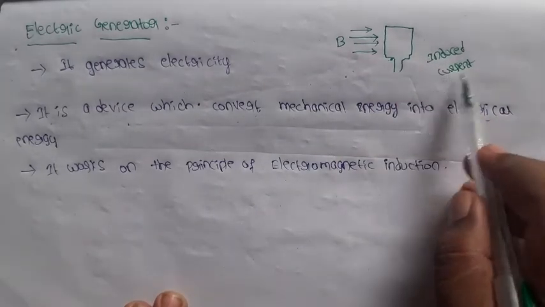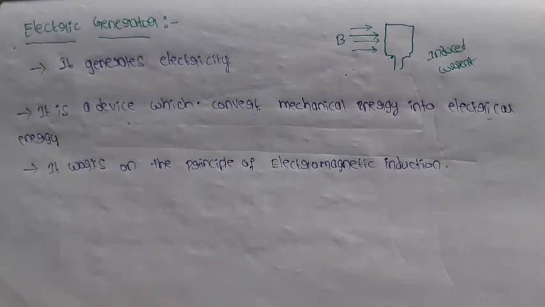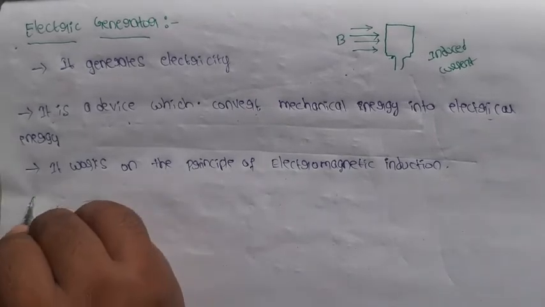That induced current is observed by using the galvanometer. That is electromagnetic induction. So electric generator works on the principle of electromagnetic induction. Here induced current is developed; it generates electricity.